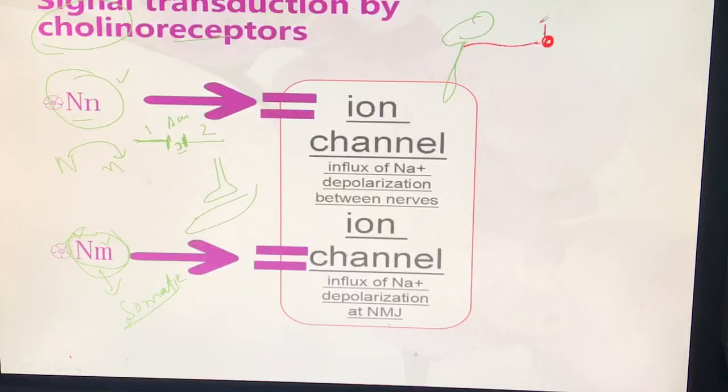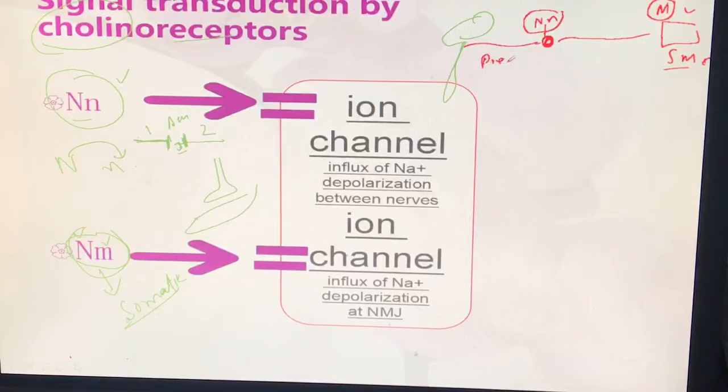At the ganglia we have the NN receptor. The postganglionic fiber goes to the organ, which may be smooth muscle or an exocrine gland. Here we have the muscarinic receptor. So the muscarinic receptor is present over the effector organs, and the nicotinic receptor is present between the two nerves.